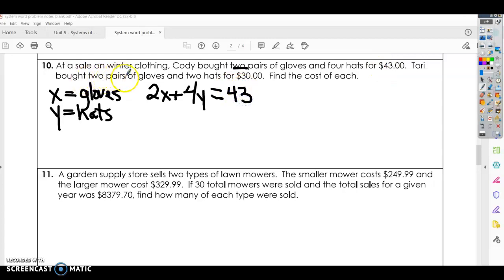Tori bought 2 pair of gloves, and 2 hats equals $30. All right, so again, a system of equations.